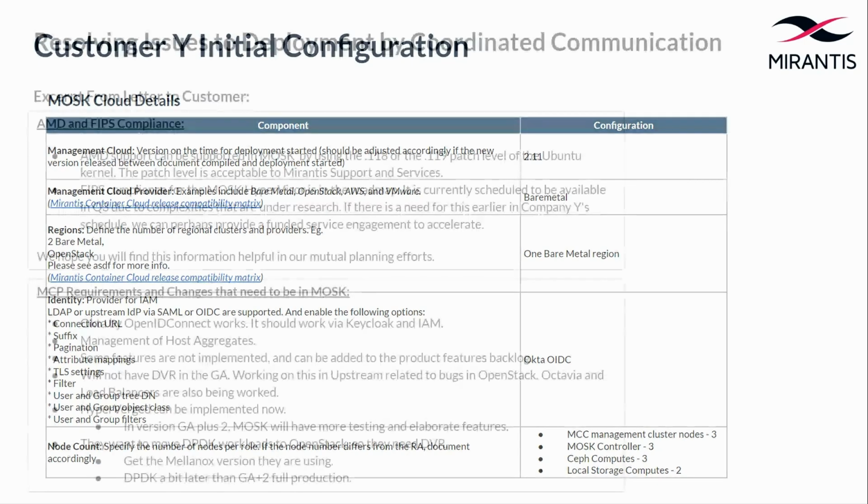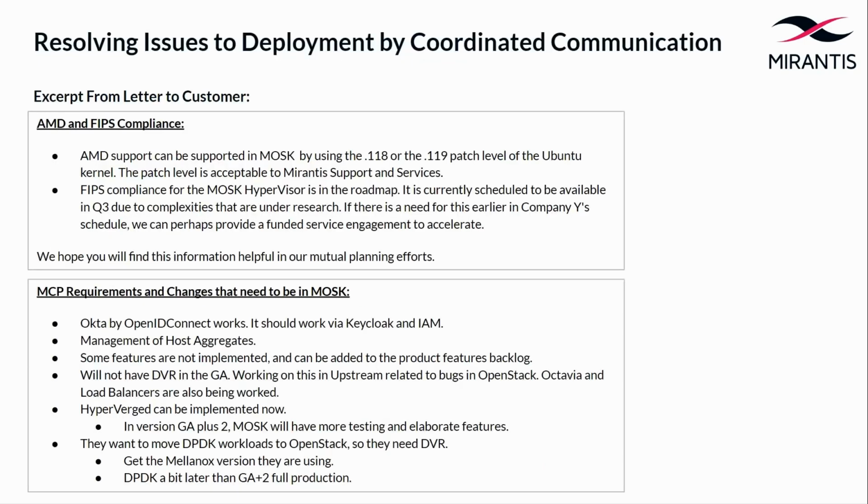We had to resolve some things within our world and within their world to accomplish this. The first thing we had to do was make sure that we were all FIPS compliant, because they had all these security and compliance constraints against their world. And in order to do that, we actually had to get patches from AMD that were specific versions of prior patch levels to go to the Ubuntu operating system so that it would be FIPS compliant.